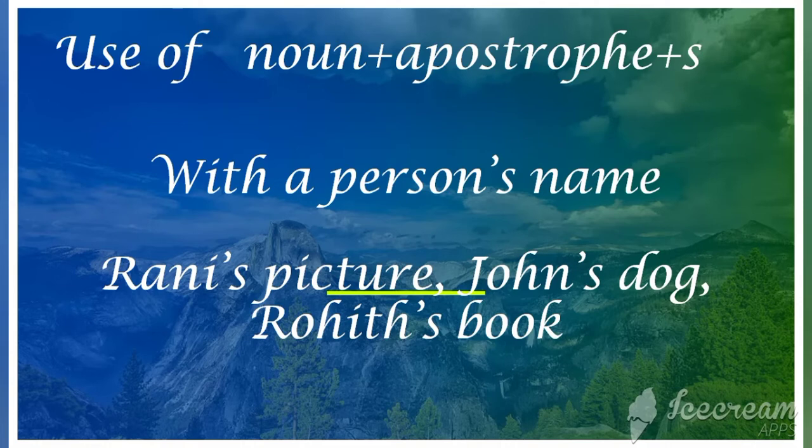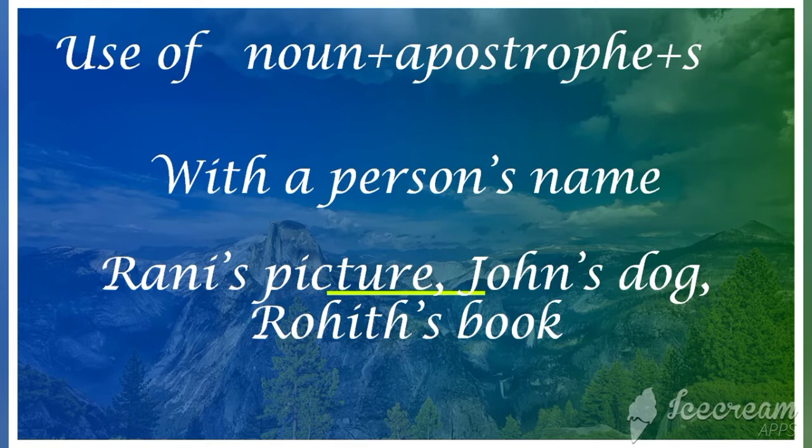John is a person, so we add John apostrophe s. Rohith's book. Only for possession do we use apostrophe s. Only then can we know the book belongs to Rohith, the owner of the dog is John, and the owner of the picture is Rani. I already told you possession means ownership, right?